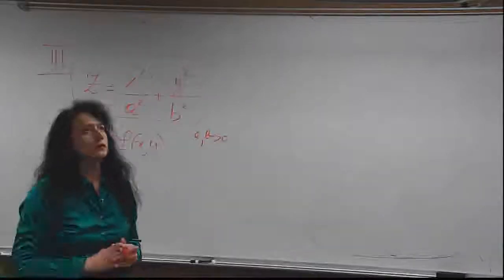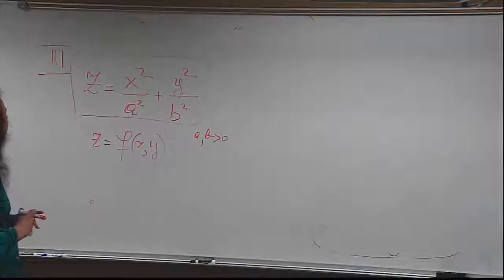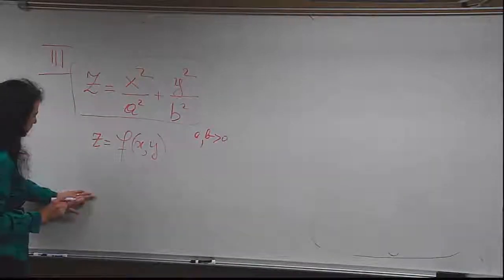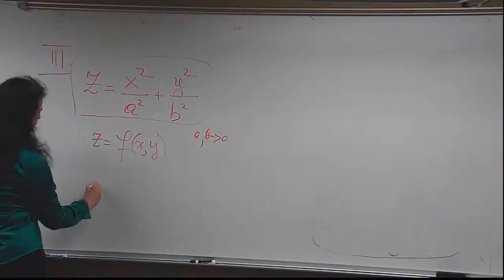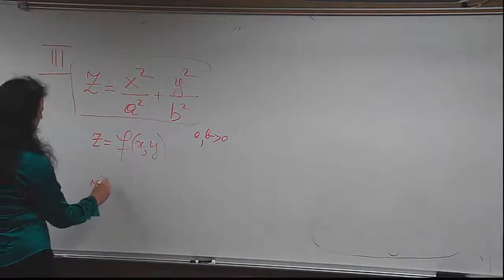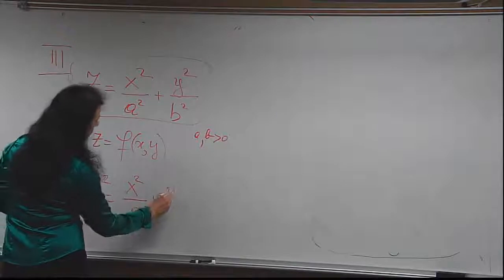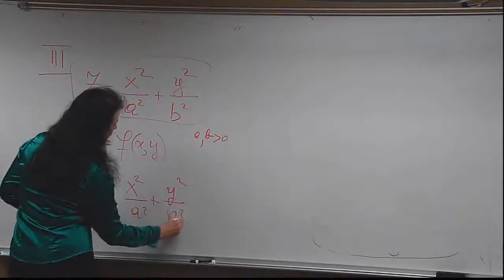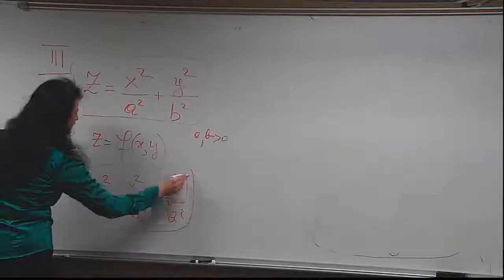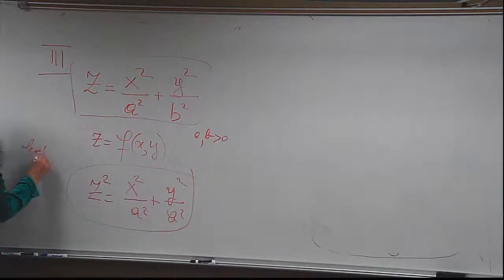So I start thinking, and then somebody told me there is a different one that you have. What if you have z squared equals x squared over a squared plus y squared over b squared, which looks a little bit similar. But it's different.